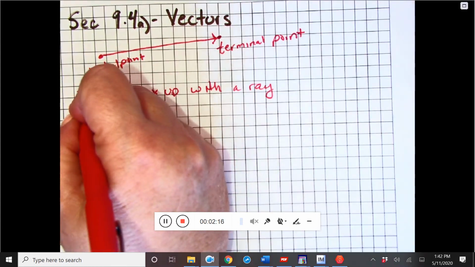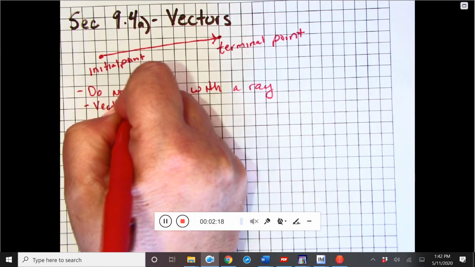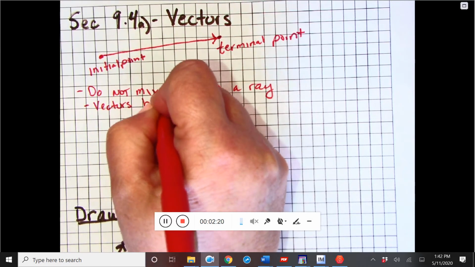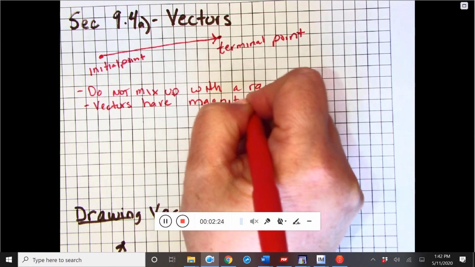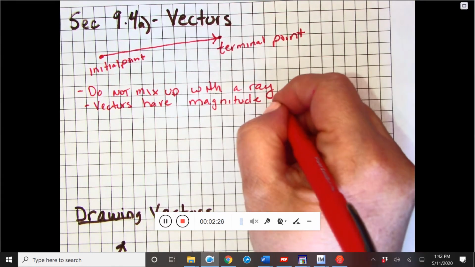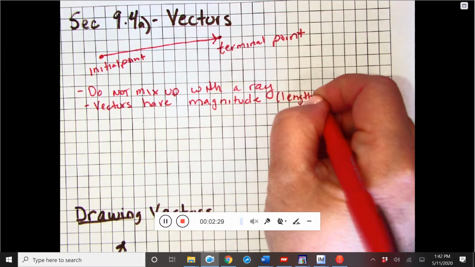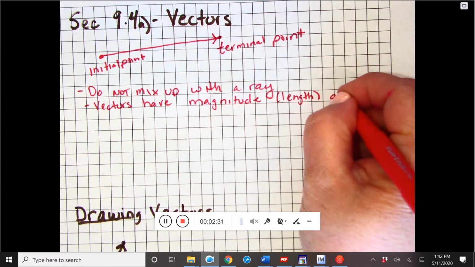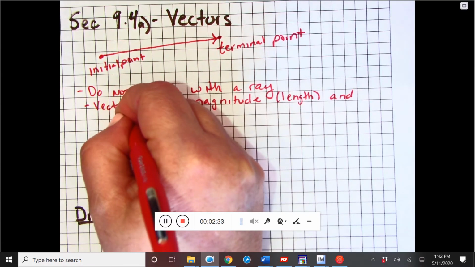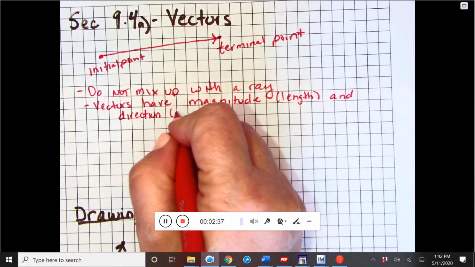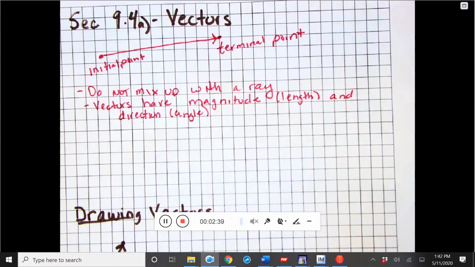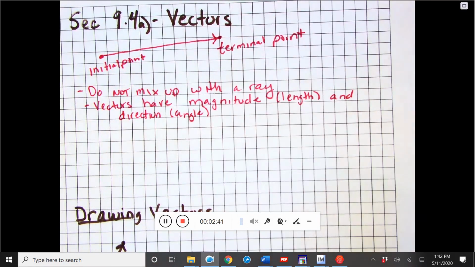Vectors, as you saw in the video, have magnitude, which is basically the length of the vector, and they have direction. Direction is usually given by an angle, or it's shown with an arrow.